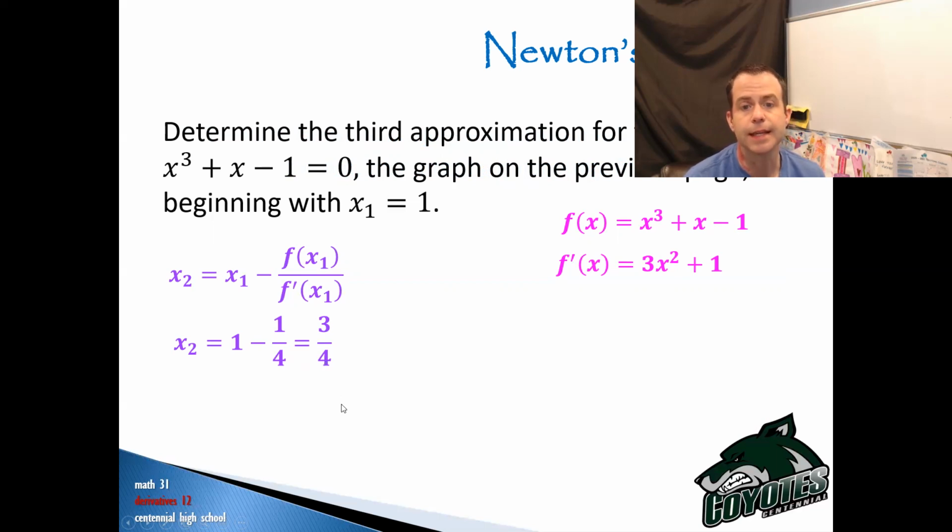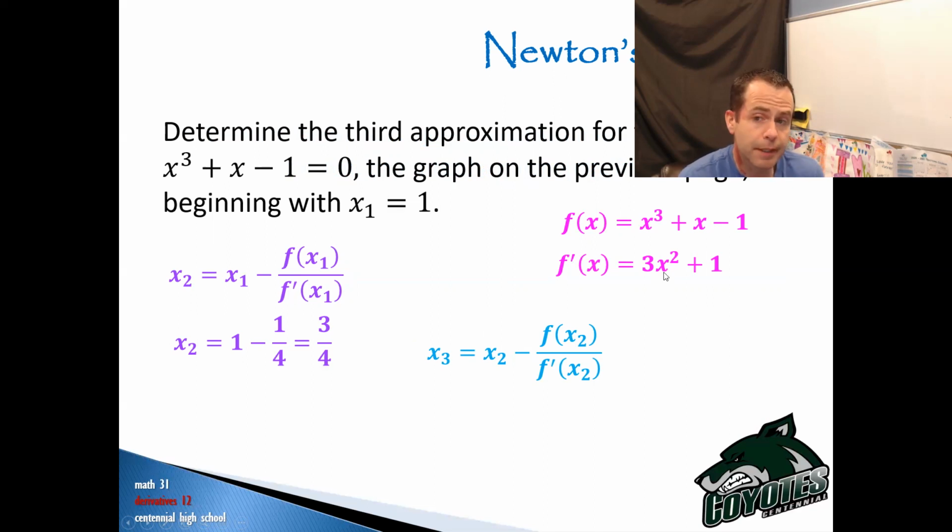Now I can take x3, now that I know what x2 is, right? I can do it again. So x3 will be x2 minus f of x2 all over the derivative of x2. So I know x2, I just found that here, so it's 3/4. I know f of x2, I can plug in x2 for this guy.